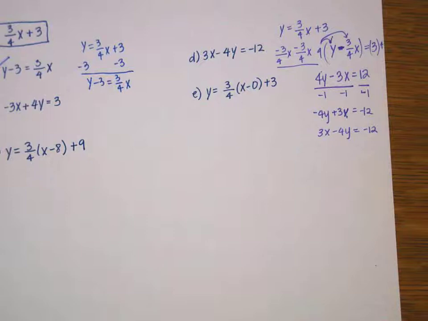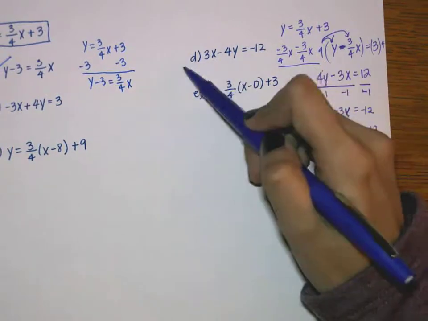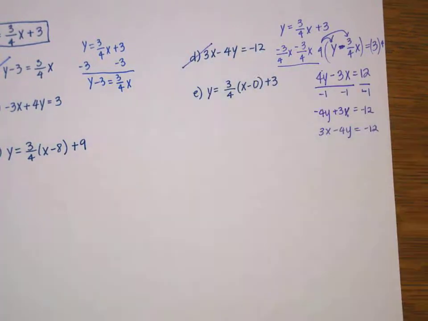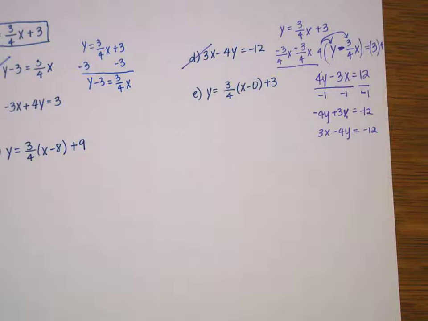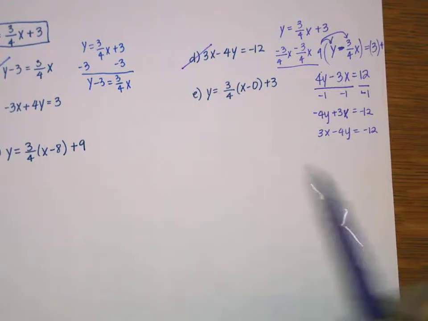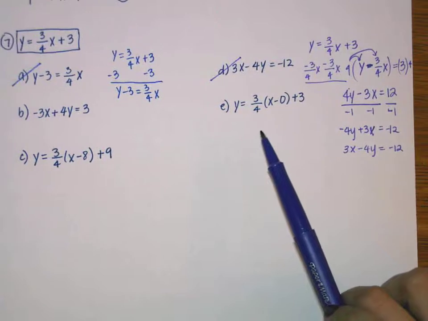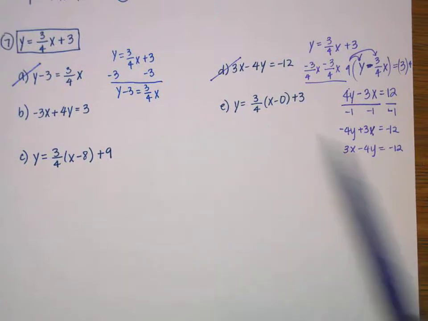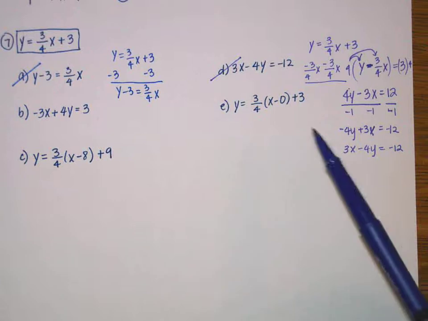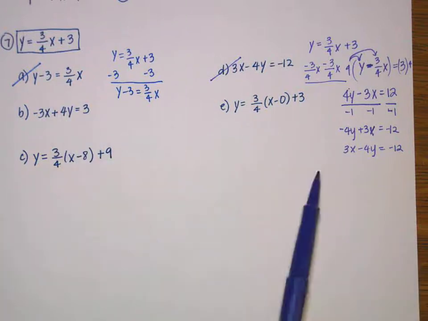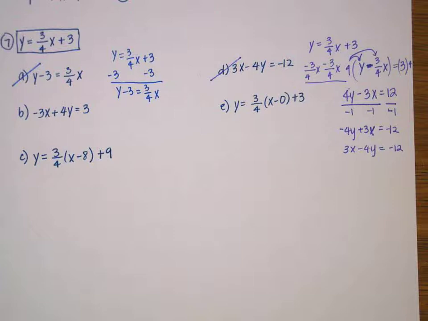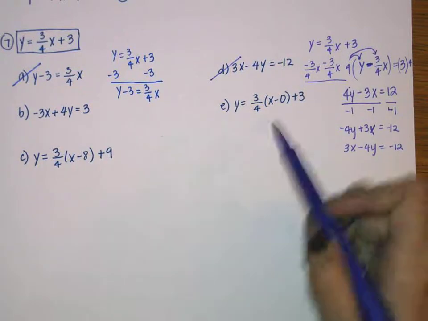Let's look at answer choice E. We have y equals 3 over 4 times quantity x minus 0 plus 3. So hopefully you can immediately see what the difference is between our original equation and option E. And you'll see that it is that minus 0, which makes our equations the exact same.